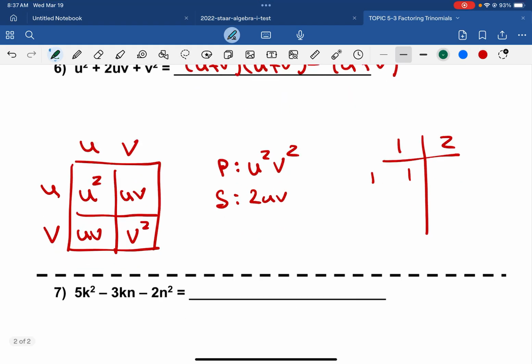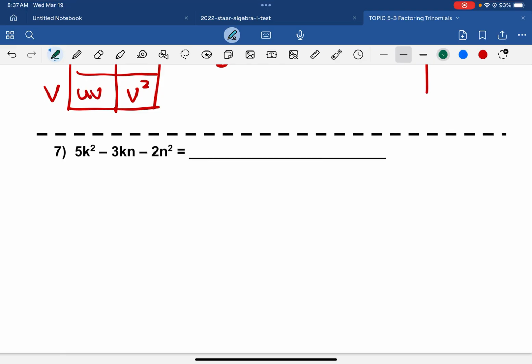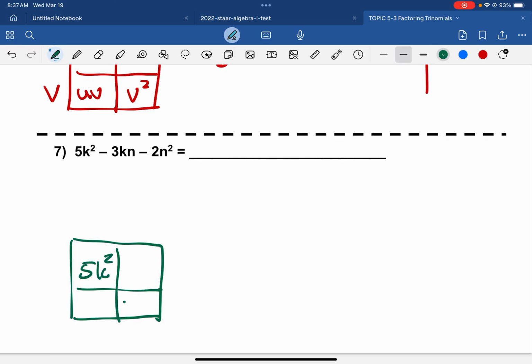Okay. All right, last one, k and n, fill it up, factor the box. 5k squared here, negative 2n squared here. We're looking for numbers that multiply to give us negative 10n squared k squared, and add to give us 3nk or kn.